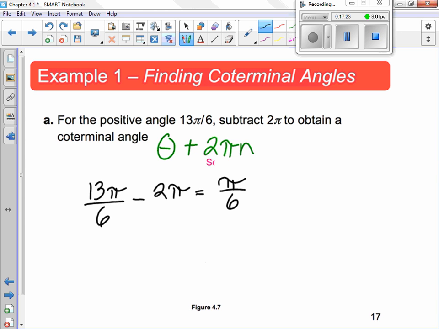So if I want a negative one, do it again. See what we get. Negative 11 pi over 6. So pi over 6 minus 2 pi. Would that give you negative 11 pi over 6? Yep. So we can do the same thing with pi with these coterminal angles.